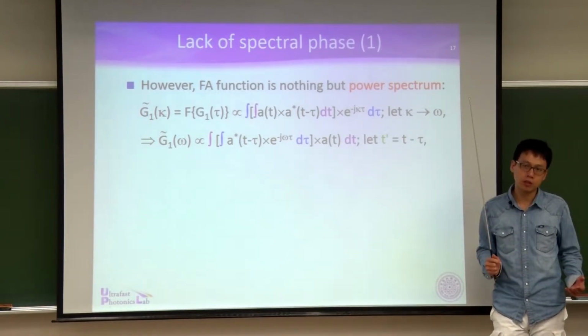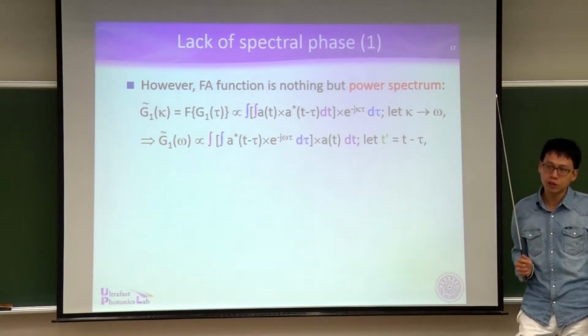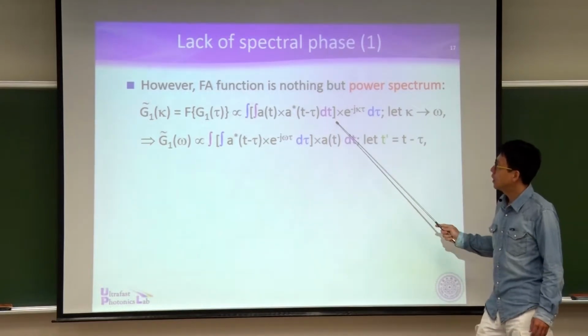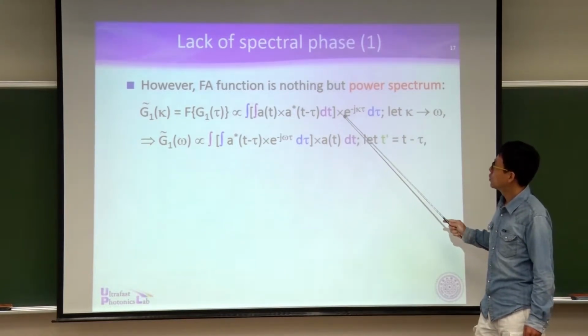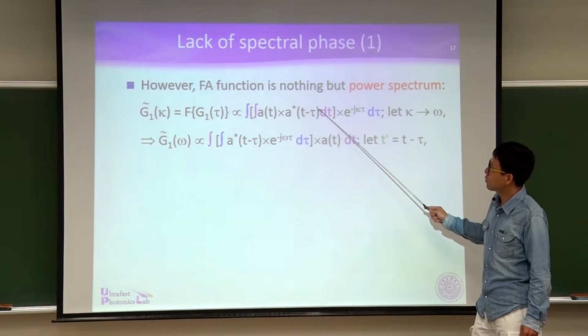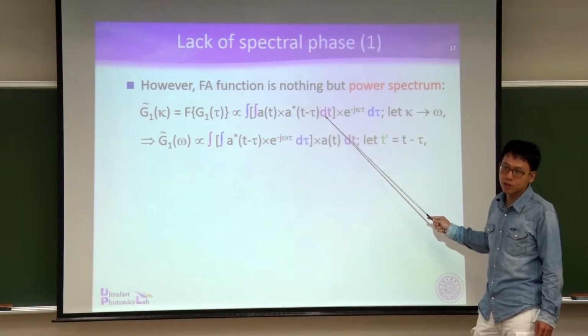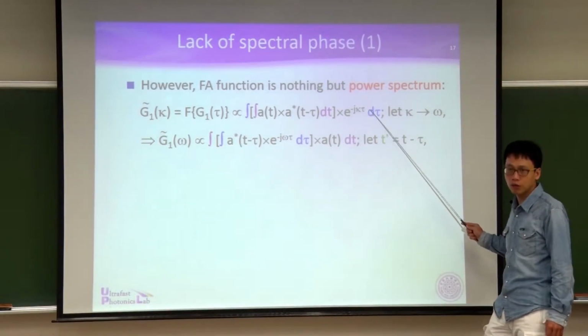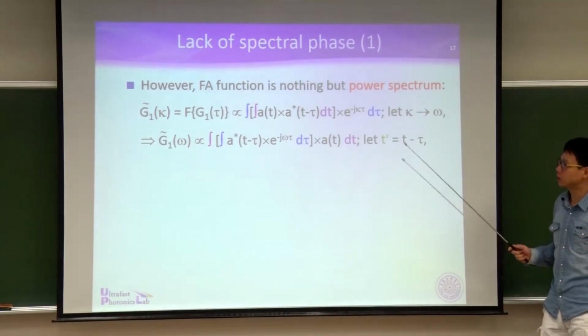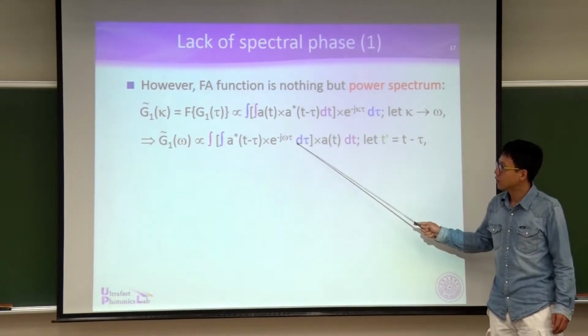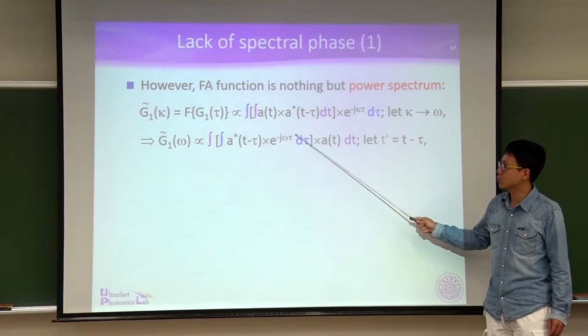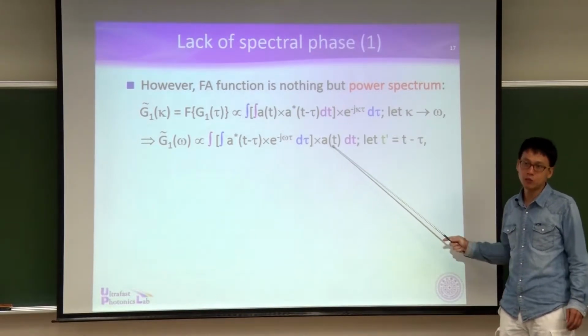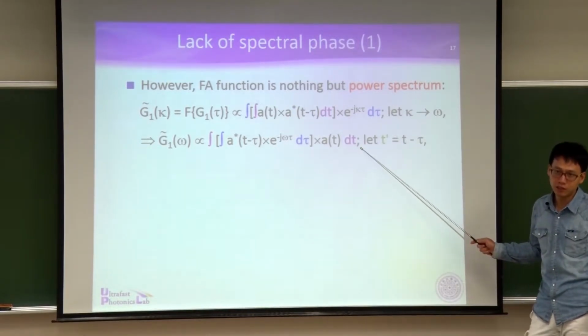But this is a double integral, so you can switch the order. Okay? Initially, you integrate with respect to t first, then with respect to tau later. But you can switch the order. Integration with respect to tau first, then with respect to t later.